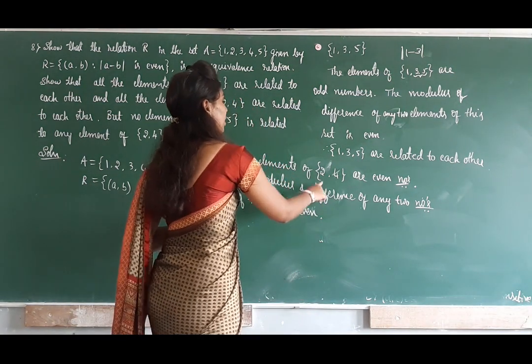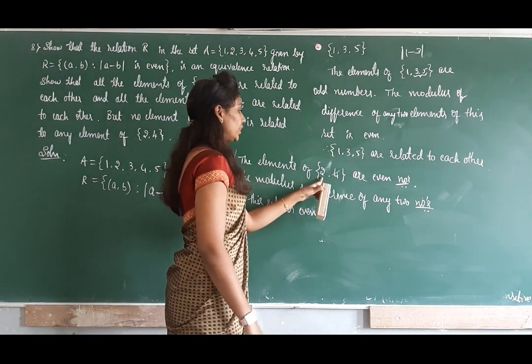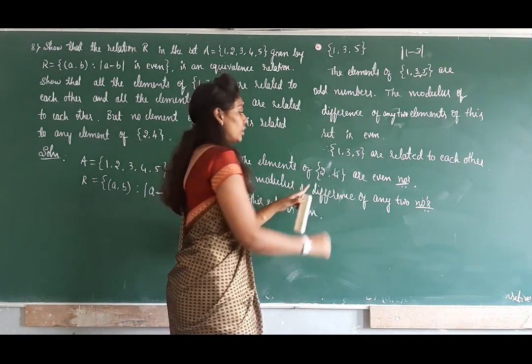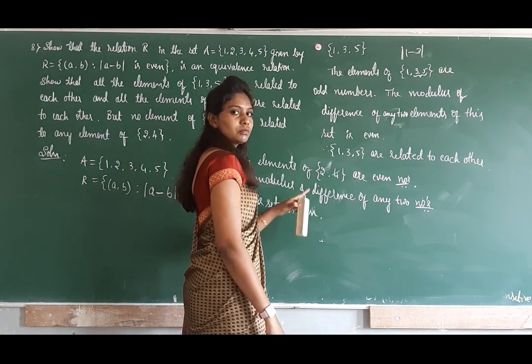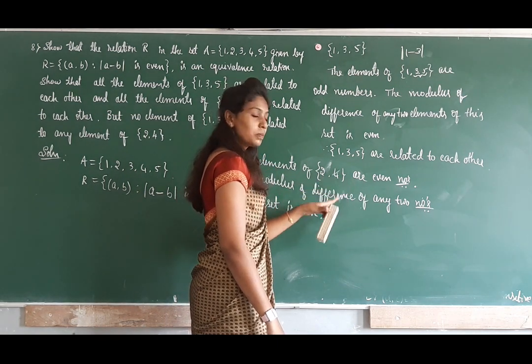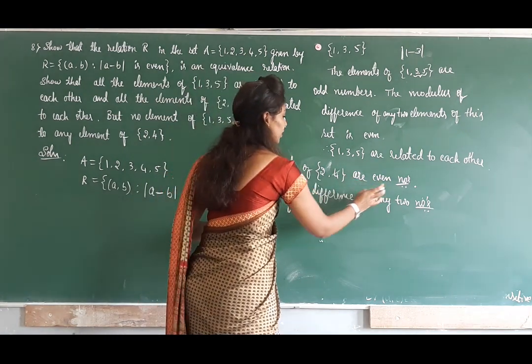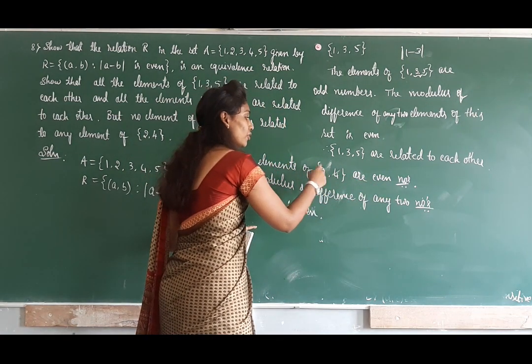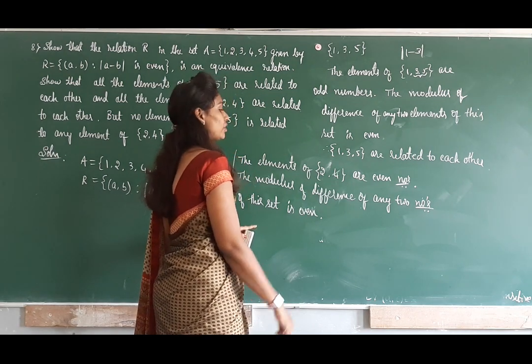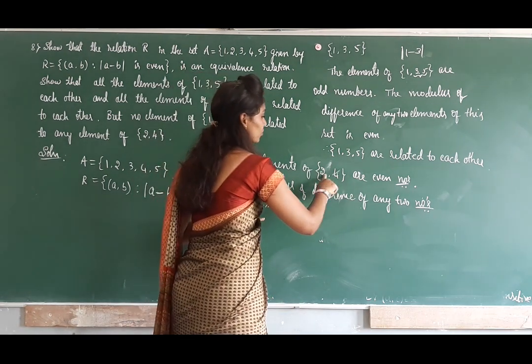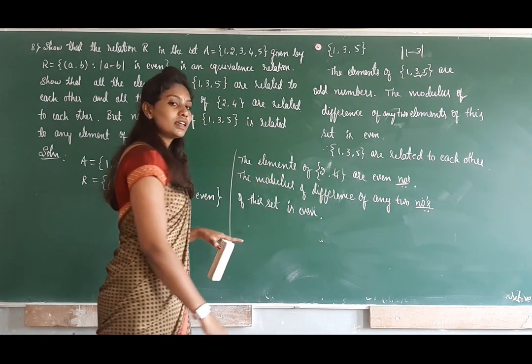See here, elements 2 and 4. Take 2 and 4: 2 minus 4 is minus 2, modulus is plus 2. Okay, so this is an even number. Take 4 and 2: 4 minus 2 is 2. That is also an even number. That means the modulus of the difference of any two numbers of this set is an even number.